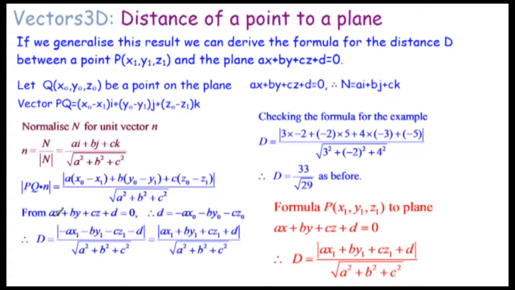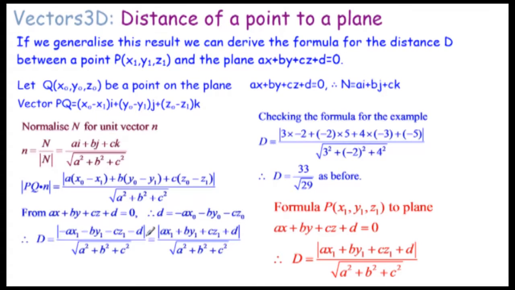But I've rearranged this to show you that when I multiply that out, ax0 plus by0 plus cz0, I'll actually get the negative of d. And we take the absolute value of the top here, and this will be the absolute value of negative 1 times the absolute value of ax1 plus by1 plus cz1 plus d over the square root of a squared plus b squared plus c squared.